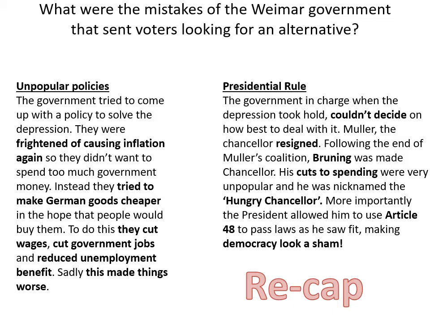That made the people believe that democracy was broken. Effectively, after 1930, there was no democracy in Germany, because the president was allowing Chancellor Brüning to rule without support from the Reichstag.